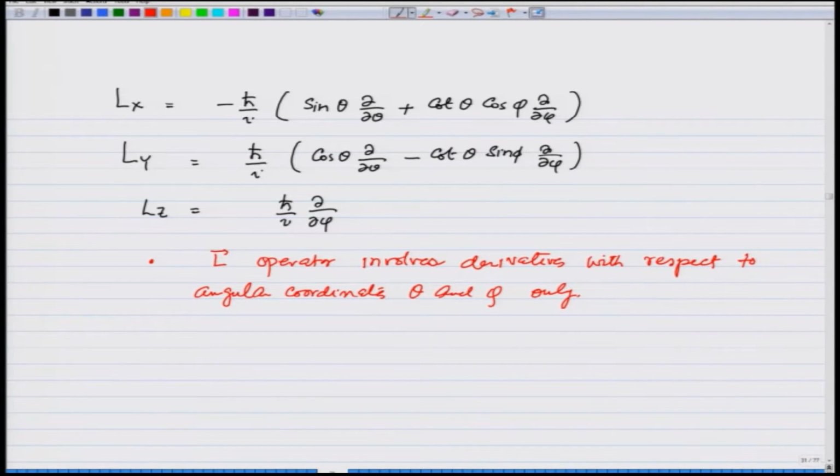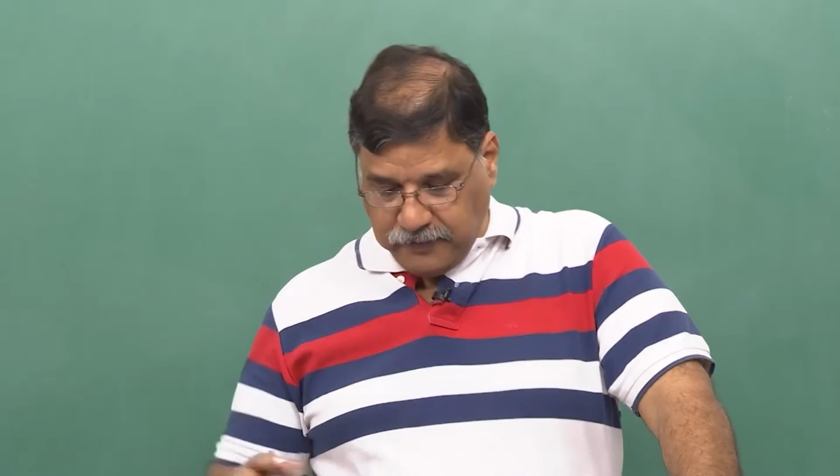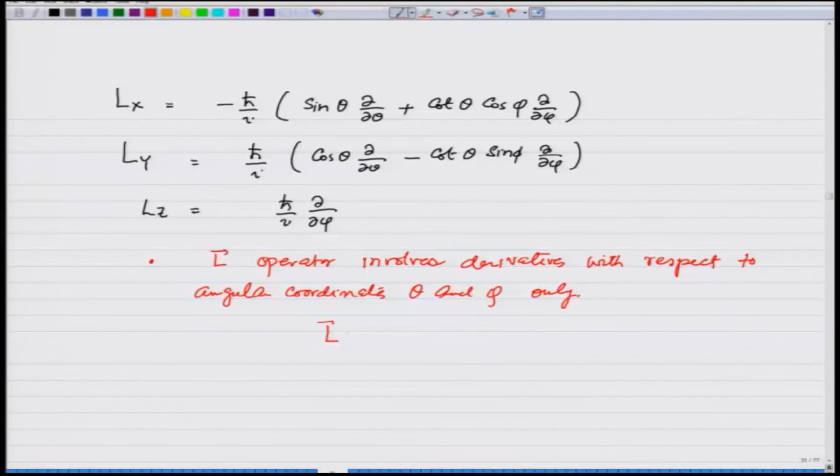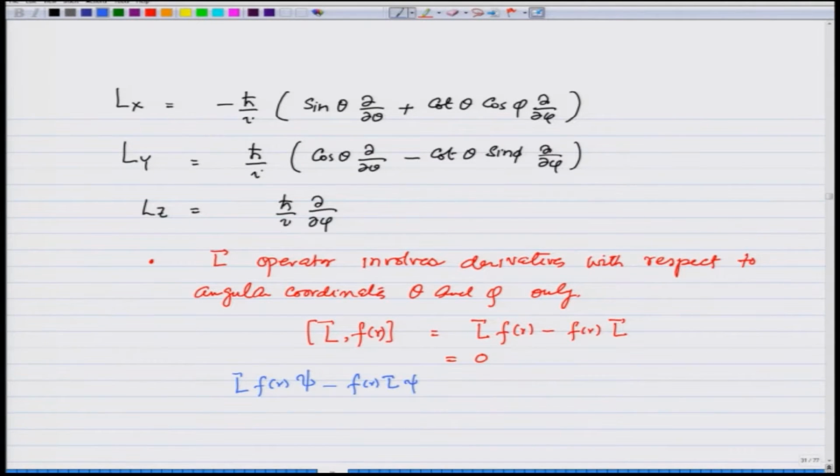So, if you take the commutator of L with any function of r, which means L operating on f minus f r L, this will necessarily come out to be 0. How do we show that? Let us take this L f r operating on say some psi minus f r L operating on some psi.